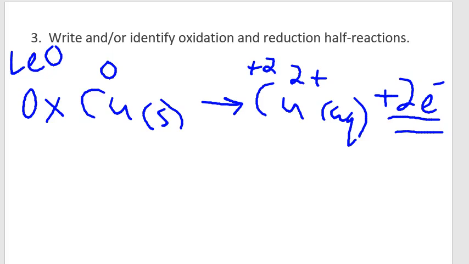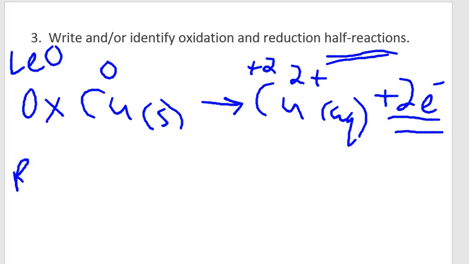In an oxidation half reaction, you're going to see electrons as a product. The other thing about redox reactions, the half reactions and overall, is that everything has to be balanced in terms of mass and charge. So we start with 0 charge on the left, then we have a 2 plus ion plus 2 electrons, which adds up to 0 on the right.